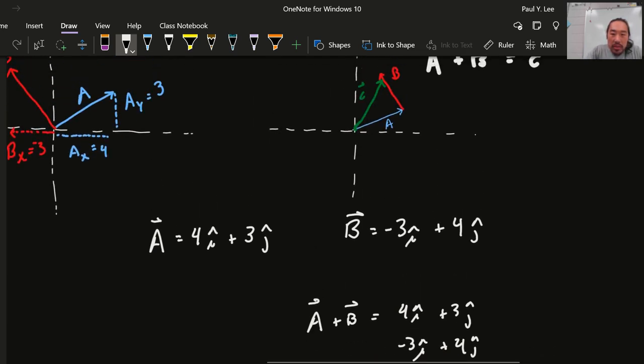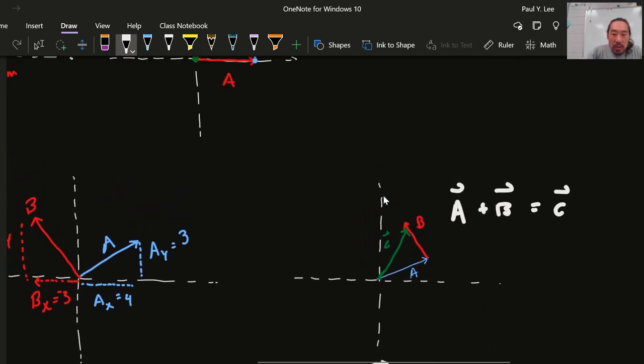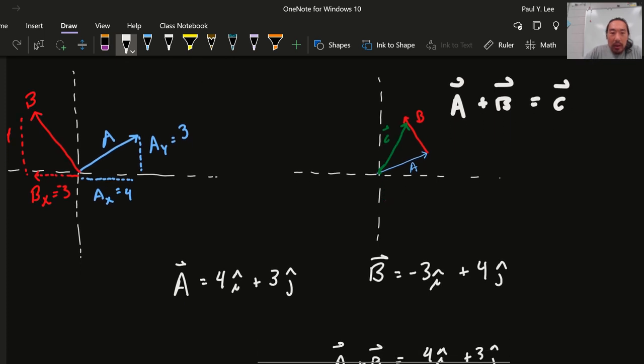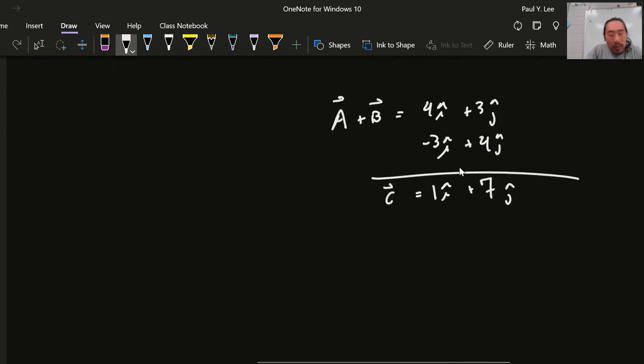So what this tells us is that this vector C that we drew using the tip-to-tail method, that right there, goes out 1 unit to the right, and it goes up 7 units in order to create vector C. Okay, so in order to visually show vector addition, we use tip to tail, but in order to mathematically show vector addition, we can use this hat addition method right there.